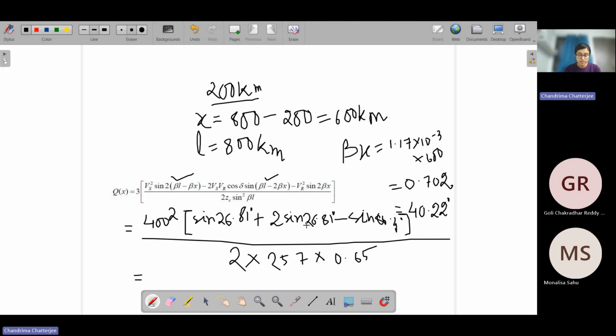This is 3 sine 26.81 minus sine 80.4 into 400 square divided by 2 into 257 into 0.65. So this is coming 175.8. Did you get the same answer?